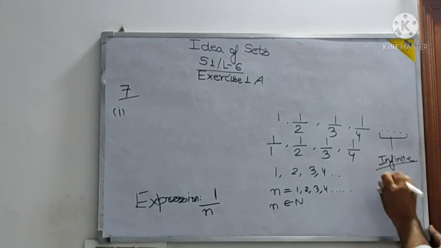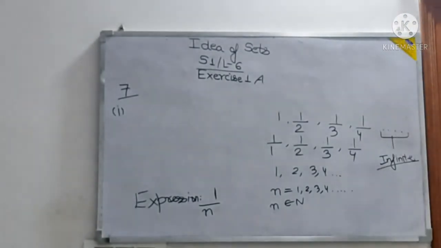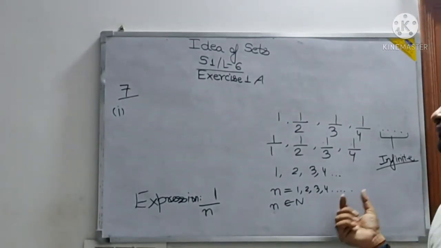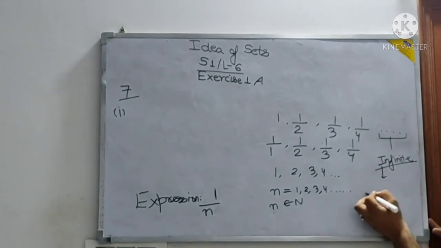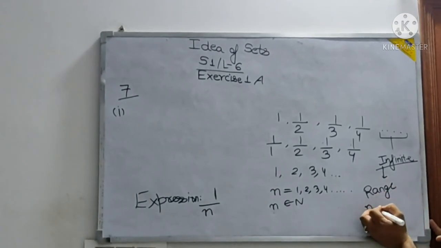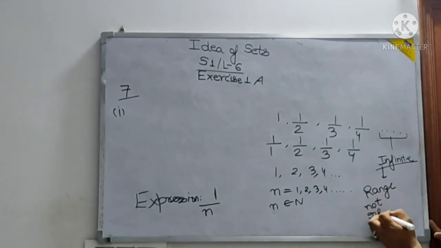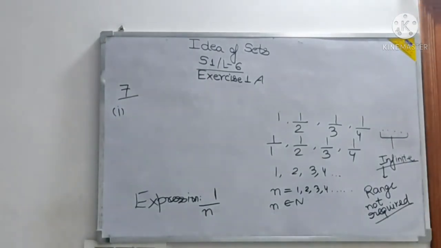Infinite set. In the next article the types of sets are coming, but I am taking time to explain things to you. So since it is infinite, range is not required here. Are you getting my point? Since the set is infinite, range is not required here.